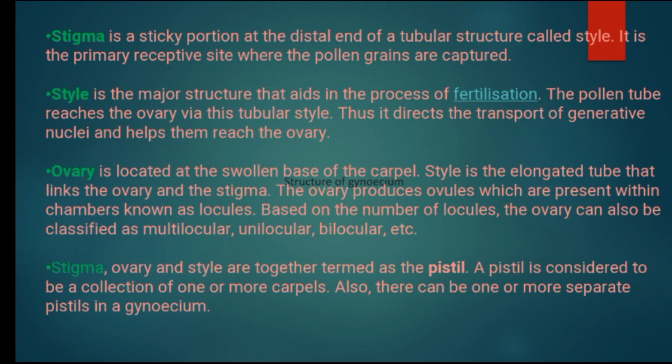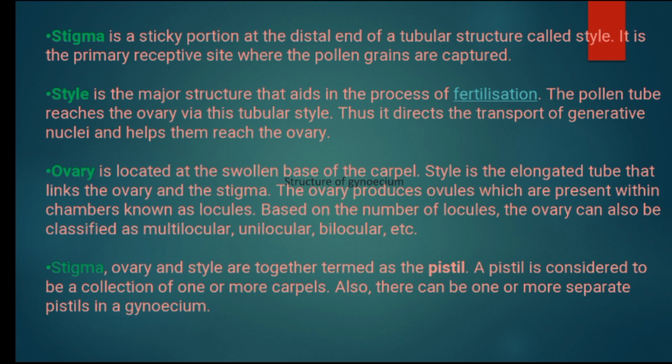Then the pollen tube reaches the ovary via this tubular style. Thus it directs the transport of the generative nuclei and helps them reach the ovary. Then the ovary is the basal portion, which is located at the base of the carpels.